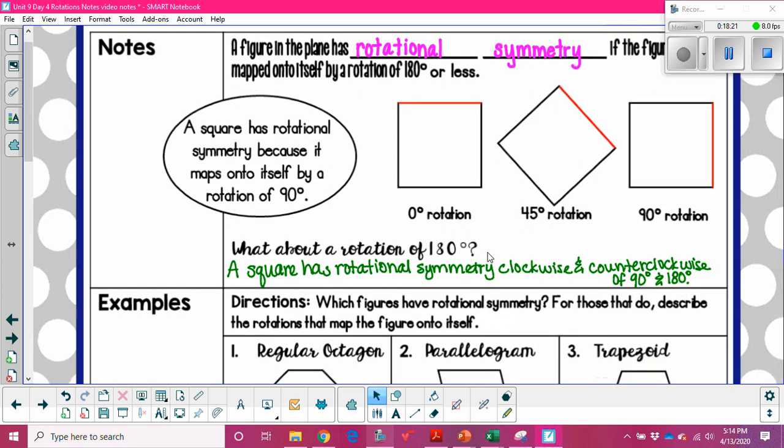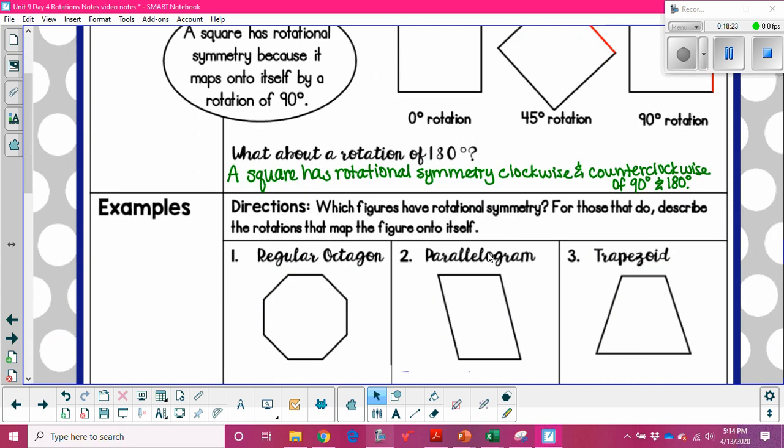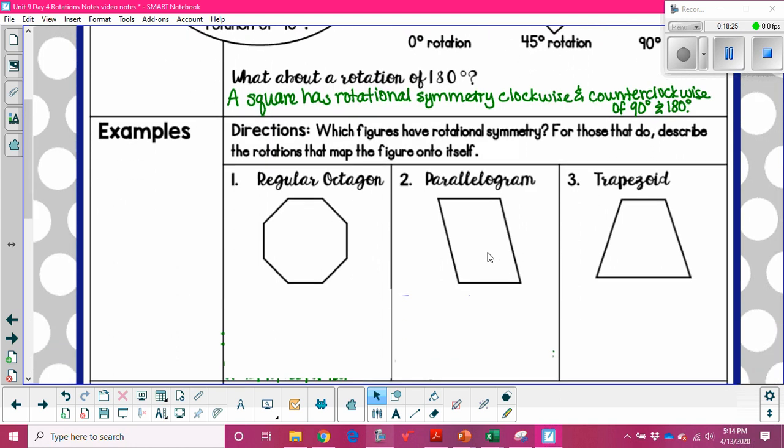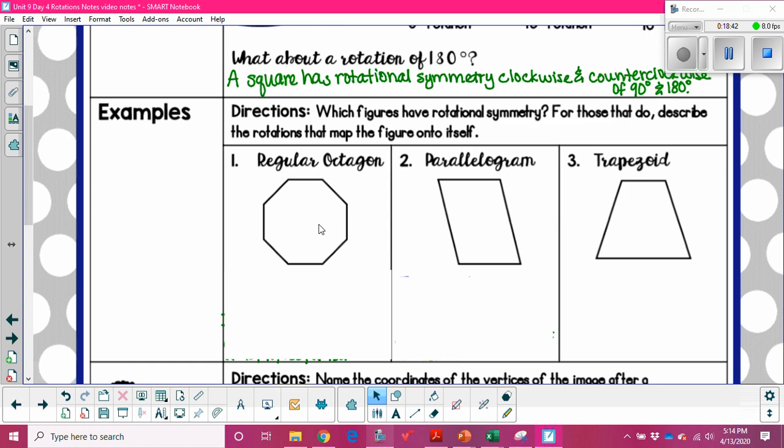Okay, so let's look at some of these down here. Looking at these 3, it says which figures have rotational symmetry. For those that do, describe the rotations that map the figure onto itself. Looking at a regular octagon, and remember a regular polygon just means all the sides and angles are congruent, I want y'all to take a moment, pause the video, and see if you think this has rotational symmetry, and then we'll talk about how to describe it.